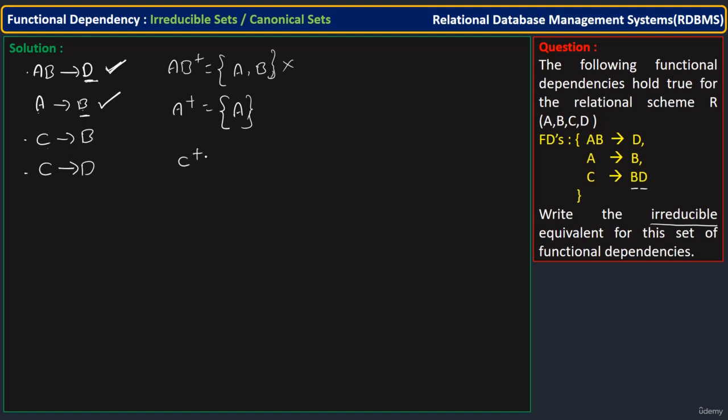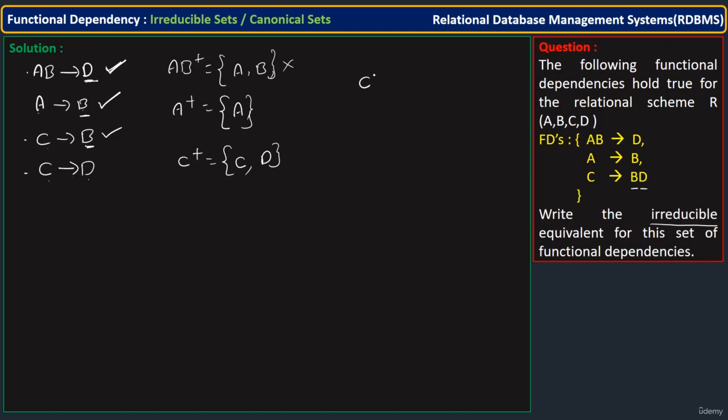Now let us go for this part. Find the C closure without this FD; you must generate B. Is it possible? It is generating C, and of course C generating D, fine. But we are unable to generate B. So even this is essential.